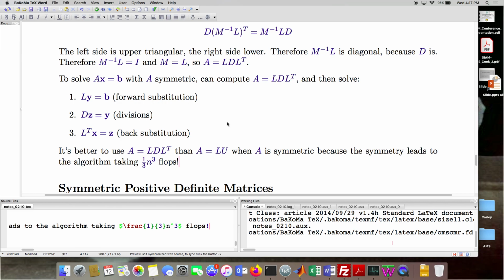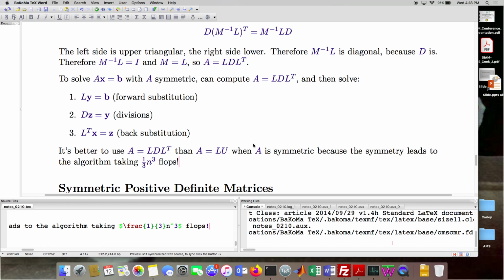So Gaussian elimination requires 2/3 n cubed flops because you have to compute the entries of L and U both. But here we only need to compute the entries of L and D. The output is literally about half what you would require from Gaussian elimination, where you need both L and U. So it's by trying to compute this as economically as possible and avoiding redundant computations. It could take half the operations. So symmetry will cut the work in half because the number of unique entries is cut in half.